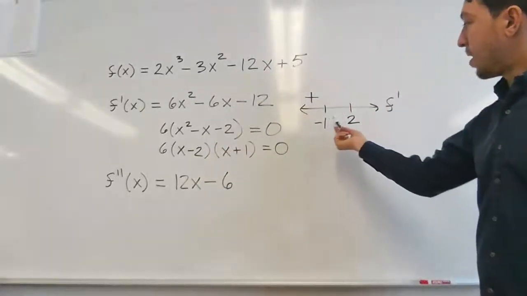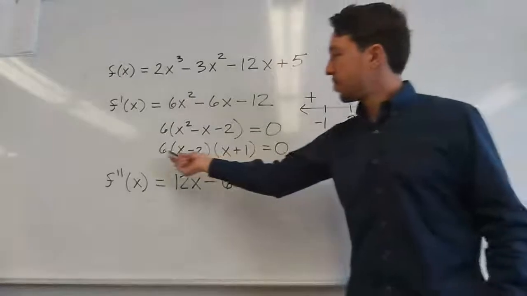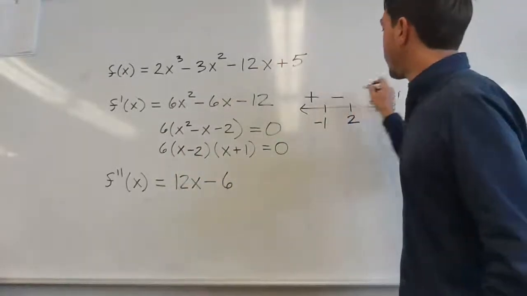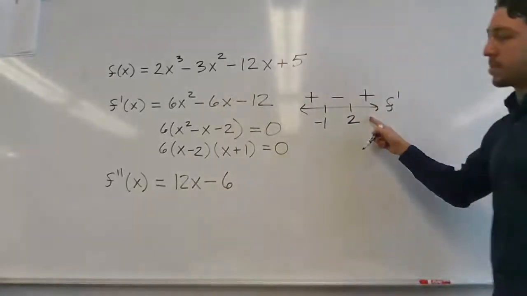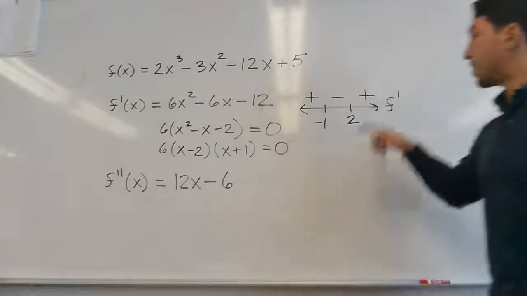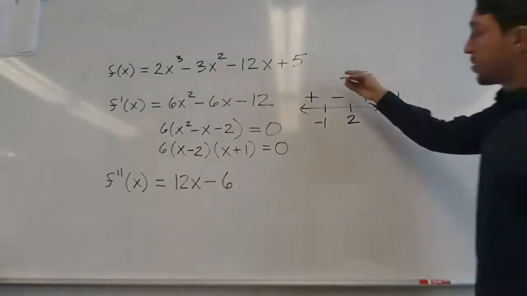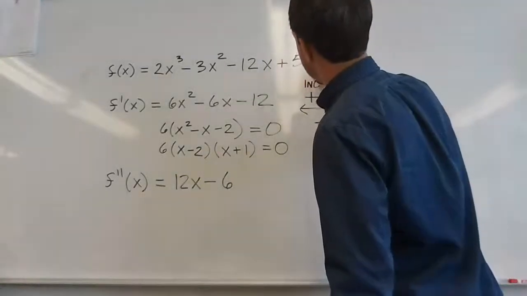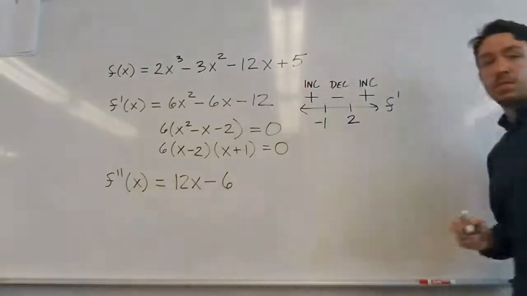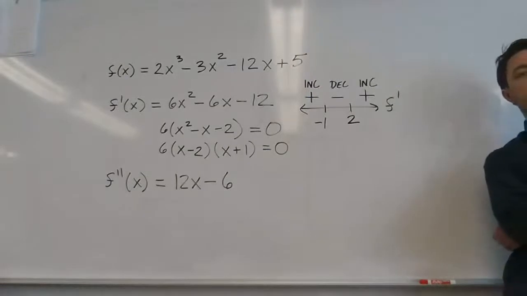Plug in, let's say 0 seems good. Positive times negative times positive makes a negative. And then if I plugged in, say, 5, positive times positive times positive makes a positive. So that tells me that my function goes increasing, decreasing, increasing. Cool beans?